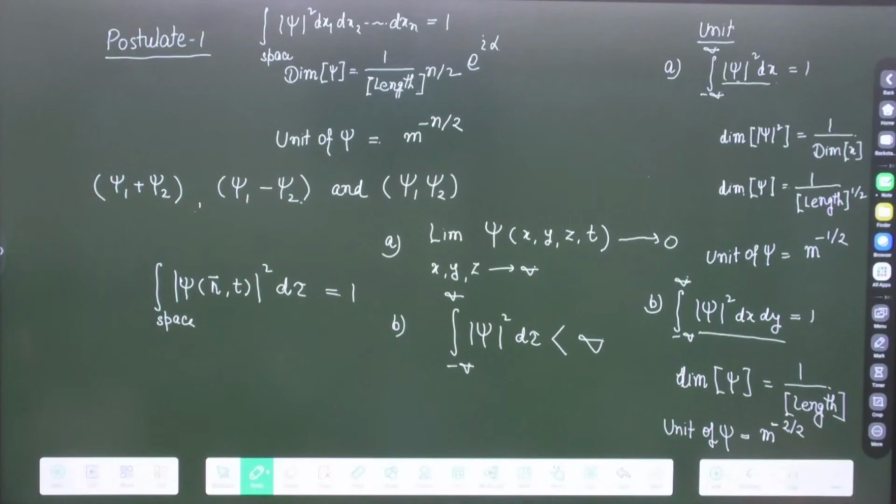Here we have defined how we are going to represent the quantum mechanical state. The quantum mechanical state will have all the information about the particle. Suppose this is the nucleus, the electron is revolving like this, and you have written the psi for the ground state. Then this psi will have all the information about this particle, but that information will be in terms of probability.